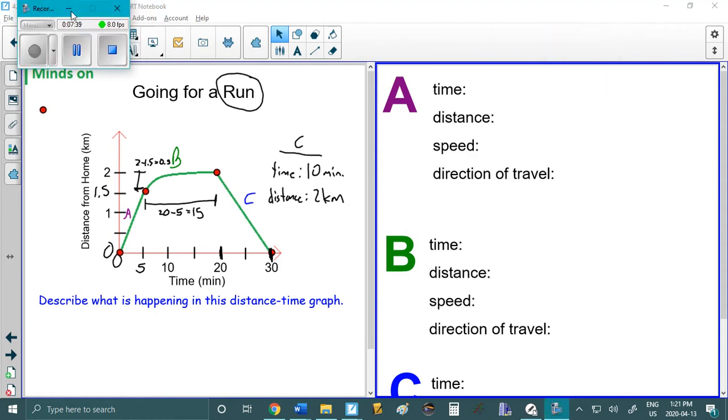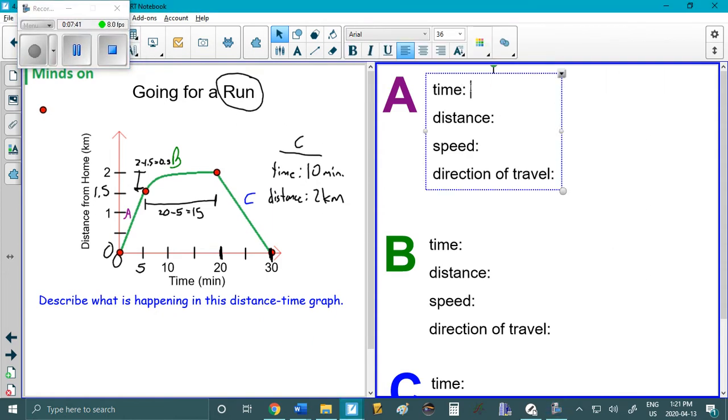Okay, so for part A, the time, well, if we look back over here, we started at 0 minutes, and section A ends at 5. So 5 minutes is the time. The distance, they started at 0, they ended at 1.5 kilometers. All right, now for the hard part. To do the speed, we actually have to do a little bit of math.